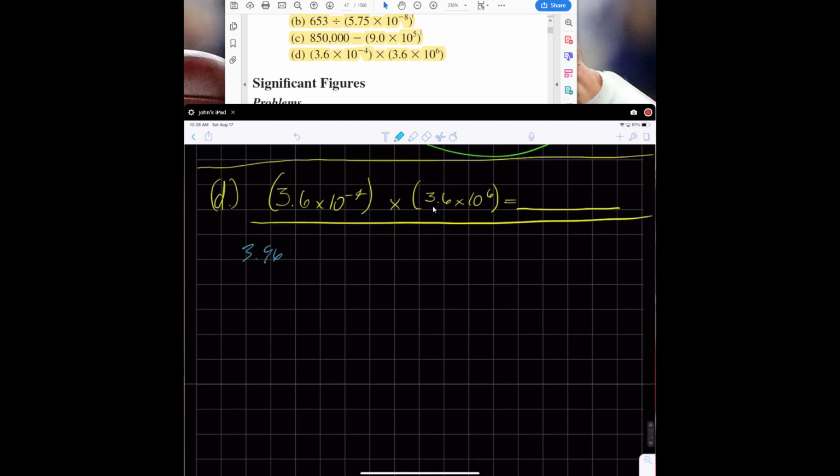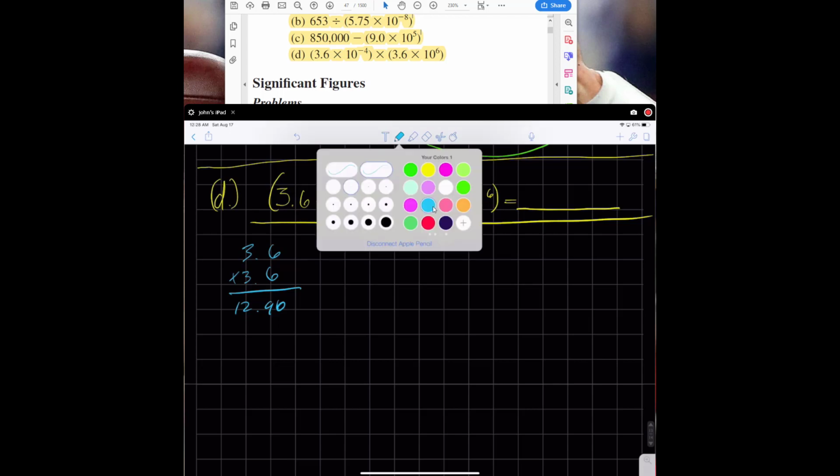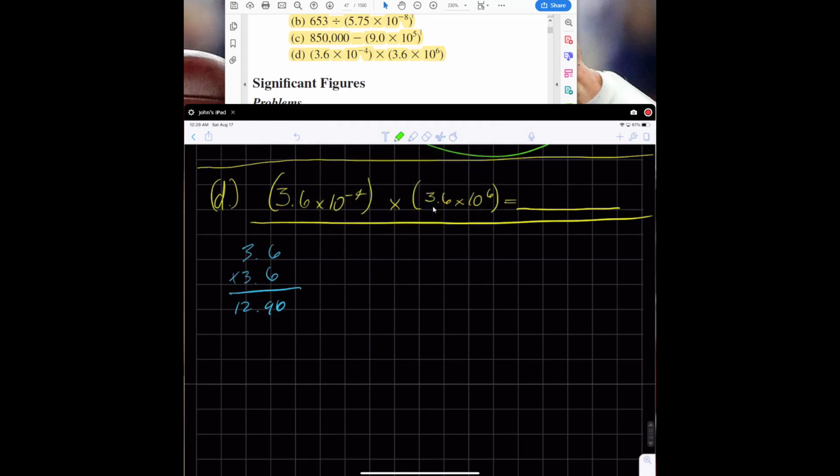12.96. And I'm sorry, I didn't mean 3.96. My bad. Meant 3.6. Okay? So the rules of significant figures apply right here as well.